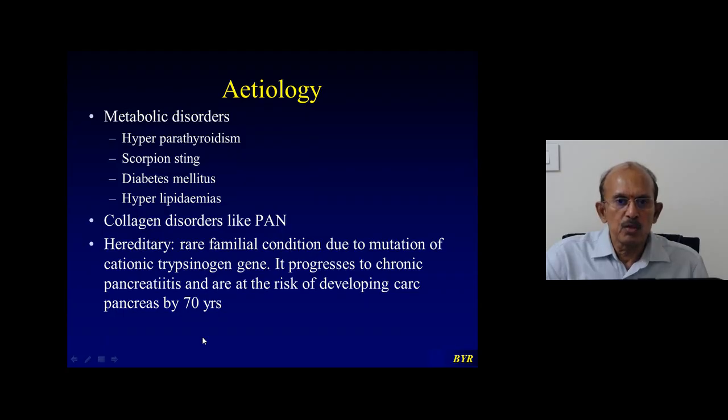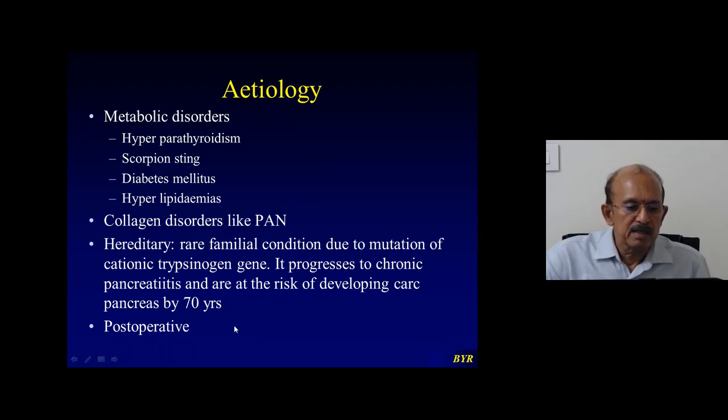It progresses to chronic pancreatitis and are at risk of developing carcinoma of pancreas by age of 70 years. So there is a type of hereditary pancreatitis also. And postoperative pancreatitis, that means when you do surgery around the stomach, bile ducts, sometimes liver, patients may develop this particular acute pancreatitis.